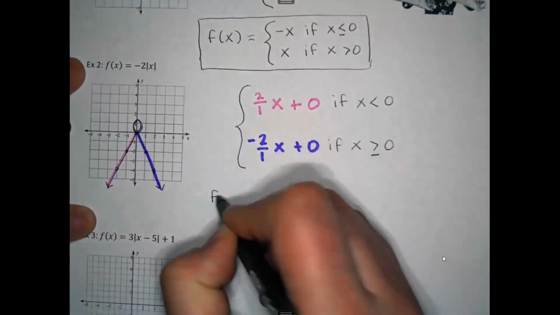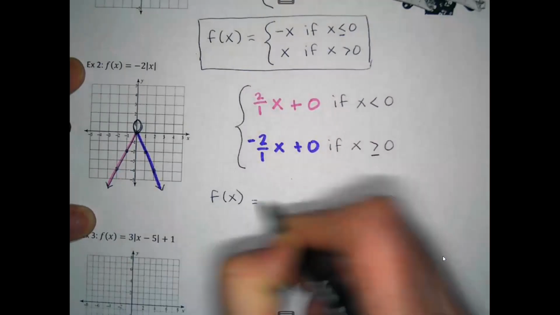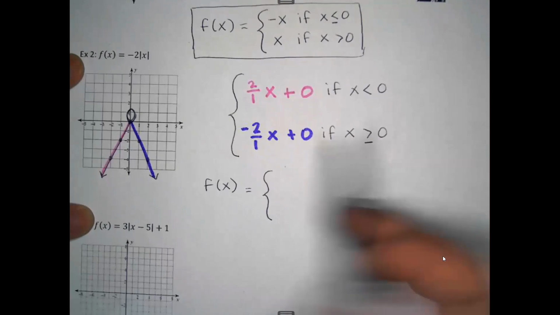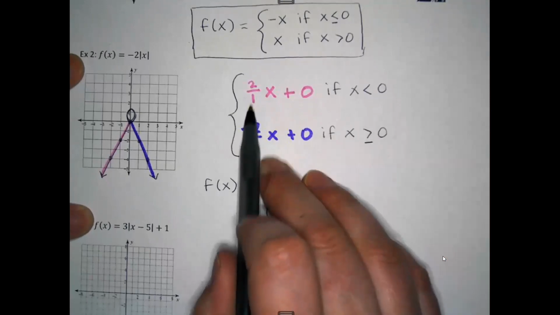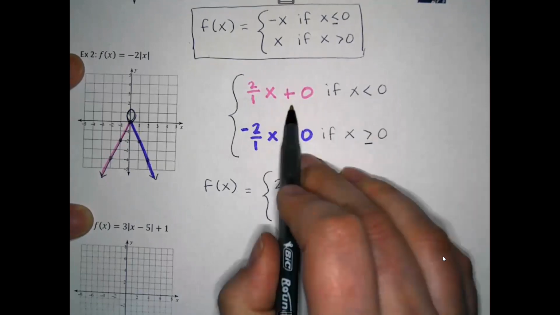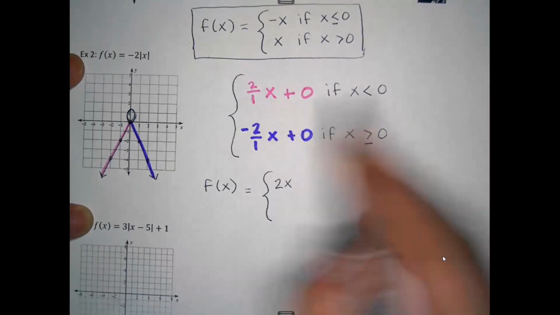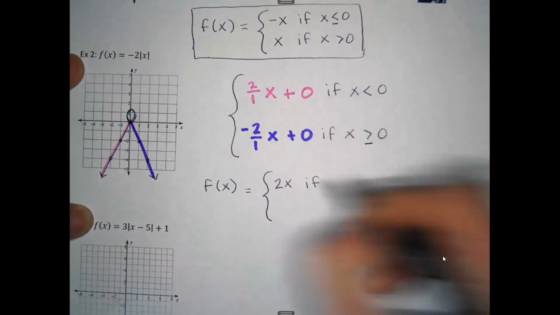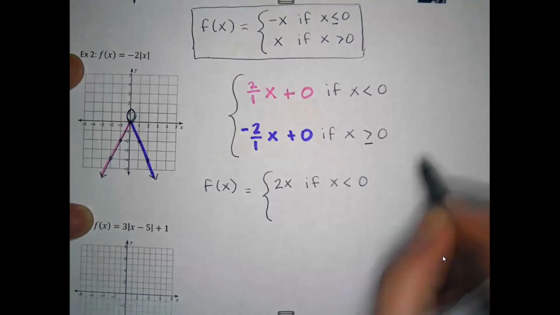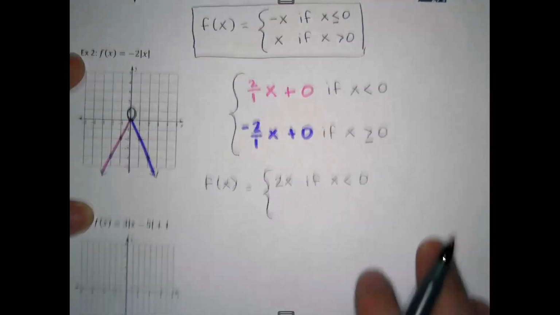All right, how would this one look? Would they write the 2 over 1? Would they write that like a fraction? 2 over 1? They would probably just put 2x. 2x, would they put the plus 0? Probably not. 2x if x is less than 0, if we're looking to the left of 0.